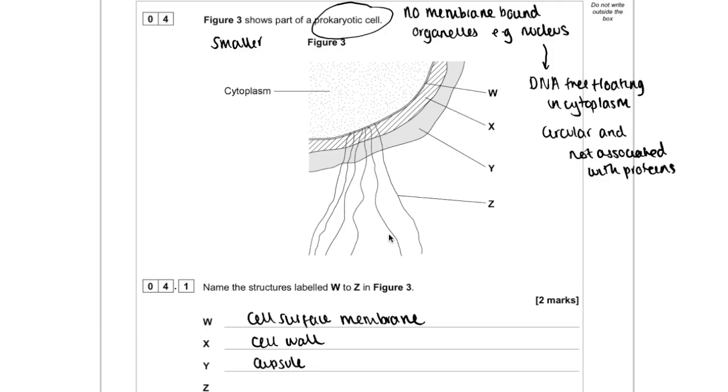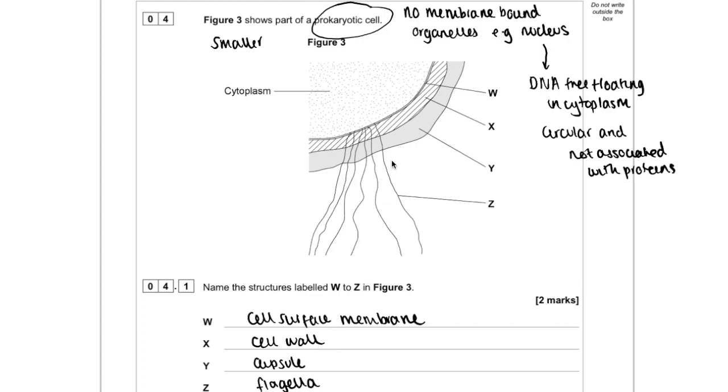Lots of people get this mixed up with a capsid, and a capsid is something that is present in viruses. It's the protein coat surrounding viruses. And finally then, Z, we can see these little stringy things coming out from the cell membrane, and they're going to be our flagella. They're not always present in prokaryotic cells, but all prokaryotic cells can have one or more flagella.